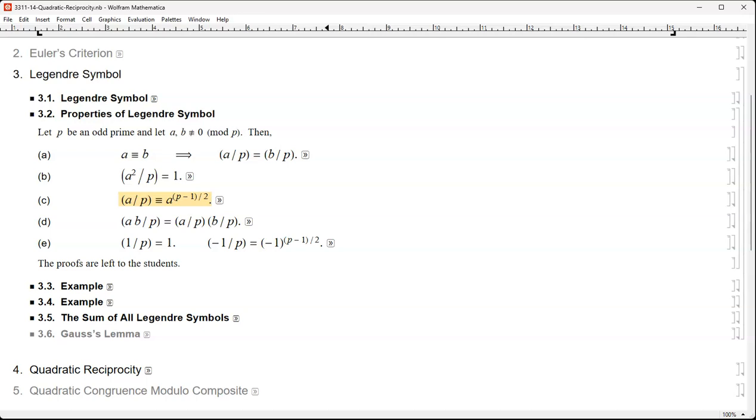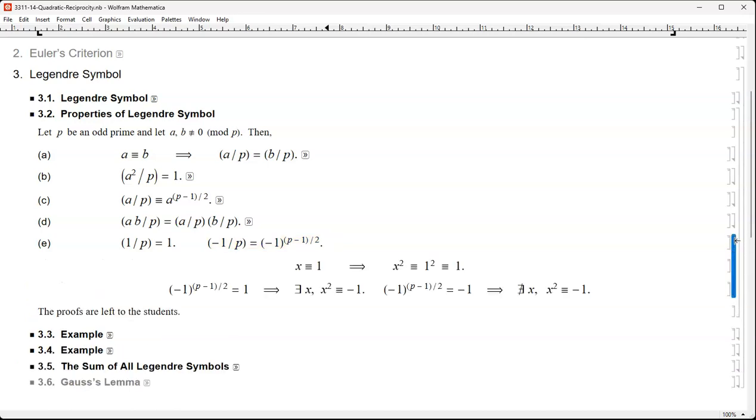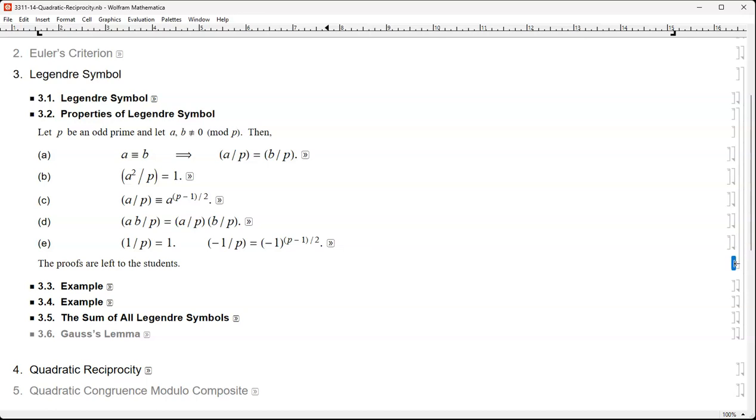Same as this, except that negative 1 to the (P minus 1) over 2 power is either 1 or negative 1, so we don't really need congruence. Just equality will do. But if you want a precise proof, there it goes. I said proofs are left for students, but we actually proved them all, right? So we don't really need it.